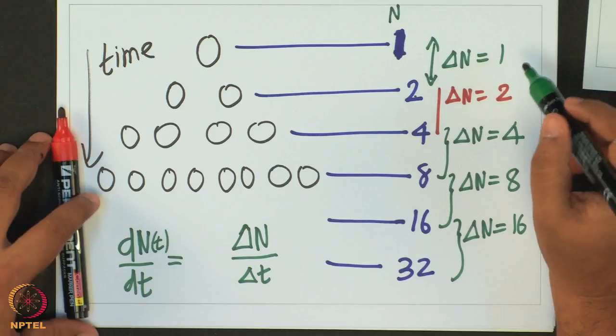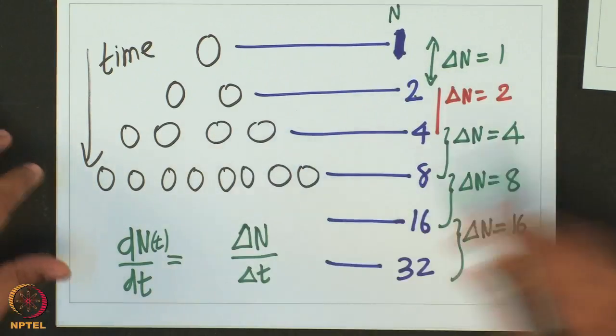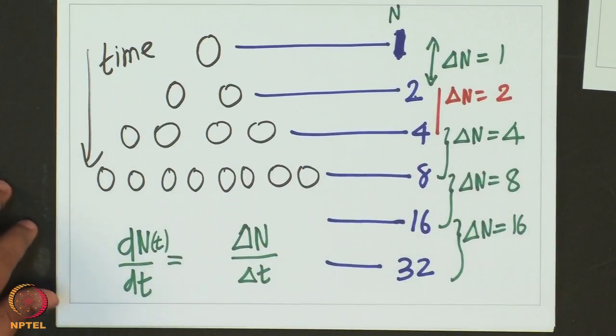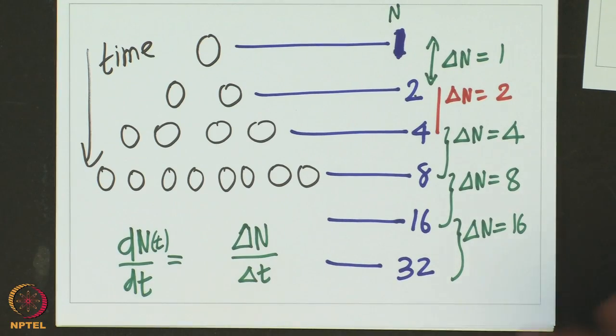The fundamental idea is that if n is very large, all of them can divide. If there are 100 bacteria, all 100 would divide. If there is only 1 bacteria, only 1 can divide. Therefore, the delta n would be proportional to n itself. This is obvious.